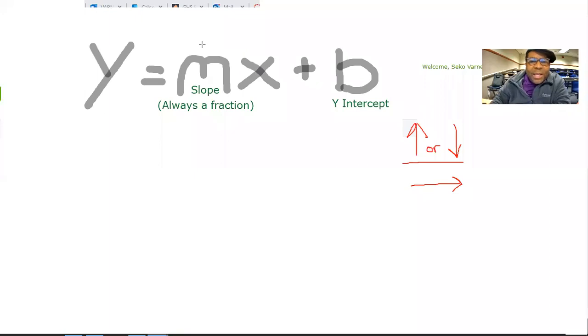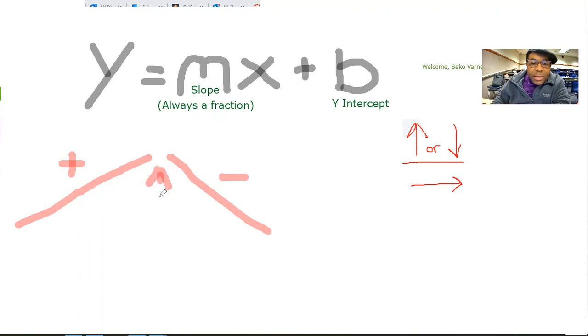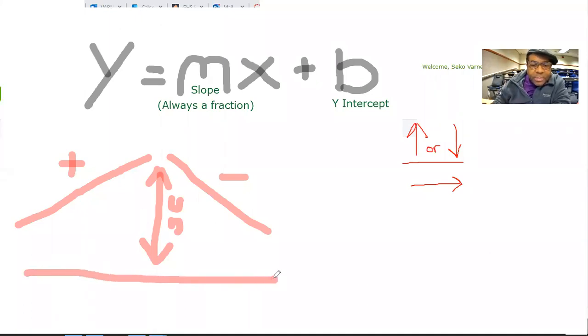I want to end by reminding you of something. Whenever we're looking at a slope, this is a positive slope: it starts on the left and goes up on the right. This is a negative slope: it starts high on the left and drops down on the right. This is an undefined slope. You've seen me write UN for undefined. It's a vertical line. And this is our horizontal line.